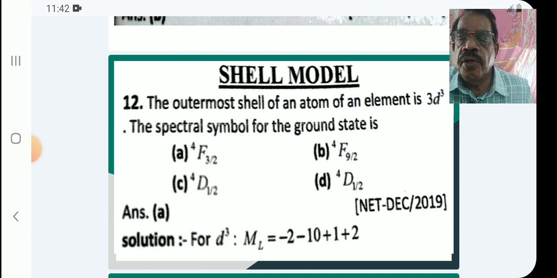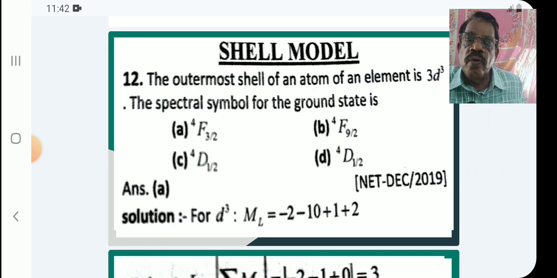From d cubed we get m_l. m_l is the magnetic orbital quantum number. Its values are -2, -1, 0, +1, +2. D is the SPDF state, the subshell. SPDF means l is equal to 2.